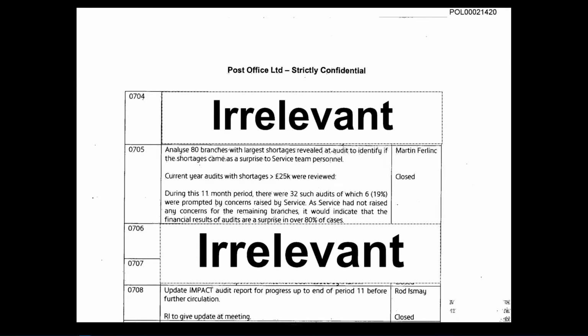And I don't think that analysis was ever thought through at the time to look at branches' performance after a change of ownership. And why not? I'm not sure. And I look at it today and think that feels so obvious as a piece of activity to have done, and relatively simple to look at 80 branches.